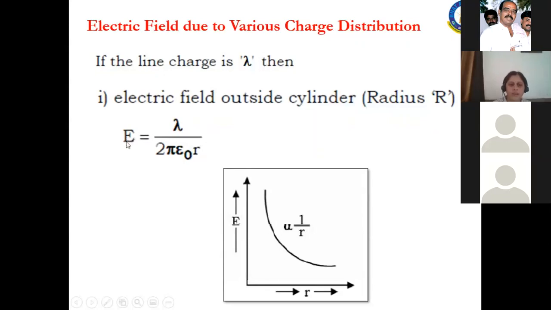It is given by E is equal to lambda by 2 pi epsilon naught r. Here you can see that E is inversely proportional to r, or E is proportional to 1 by r. So the shape of the curve will be something like this. For smaller values of r, E will be maximum, and as r increases, E goes on decreasing. This will be the shape of the curve.